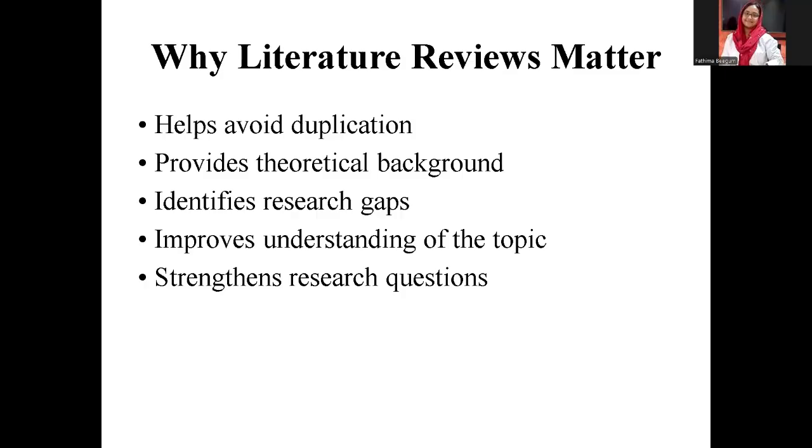Duplication occurs because another scientist has done the same activity in the same formulation, and then it will become a problem for you. Novelty issues will be there, you can't publish the article, and so many problems will arise. So first, literature review matters because it helps to avoid duplication.